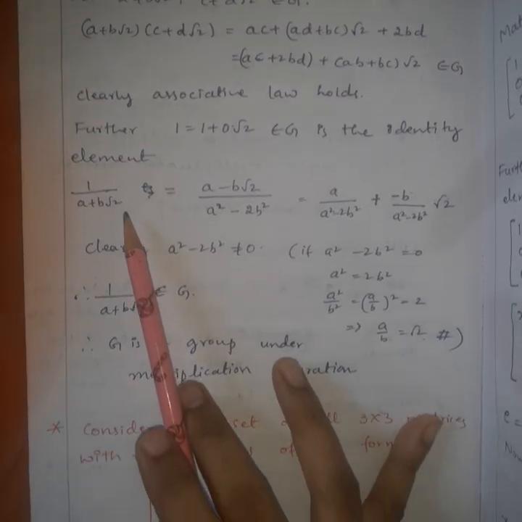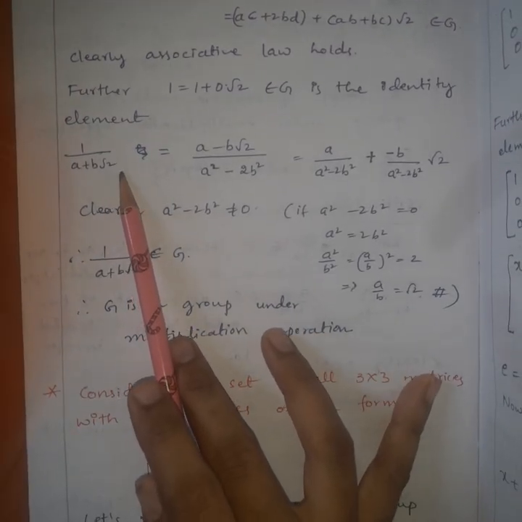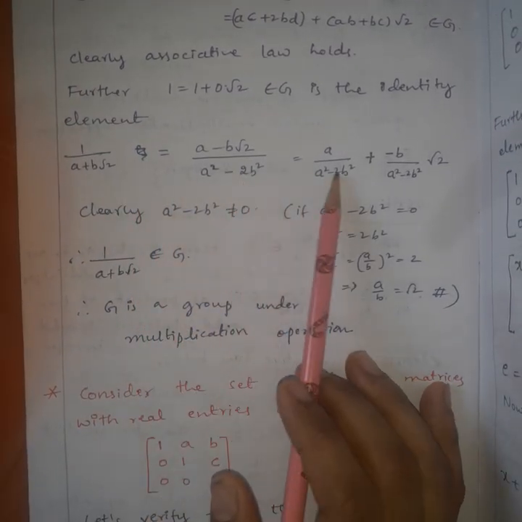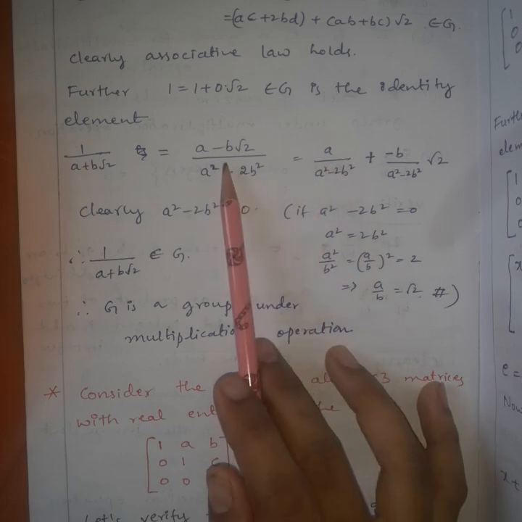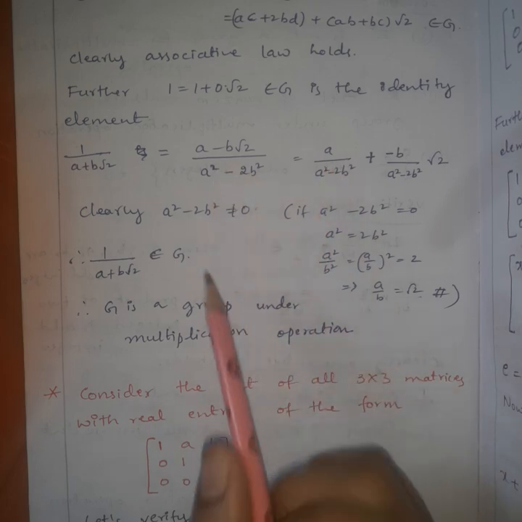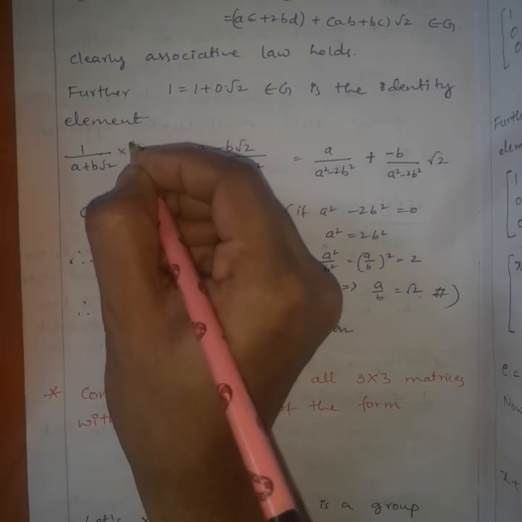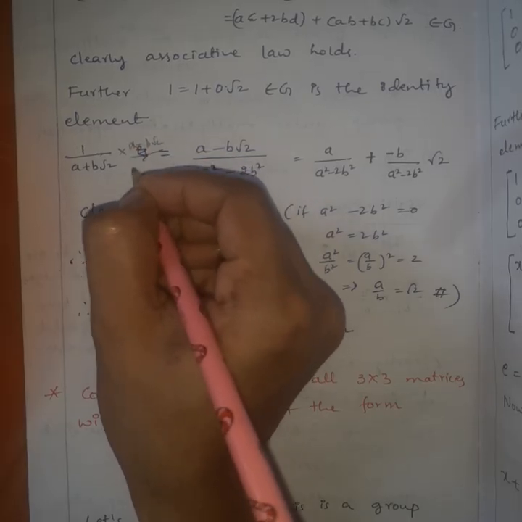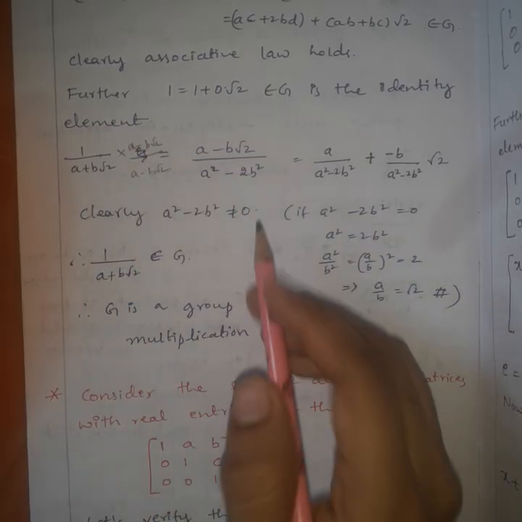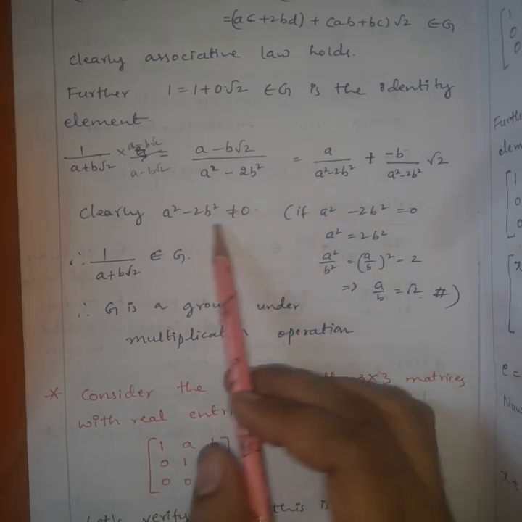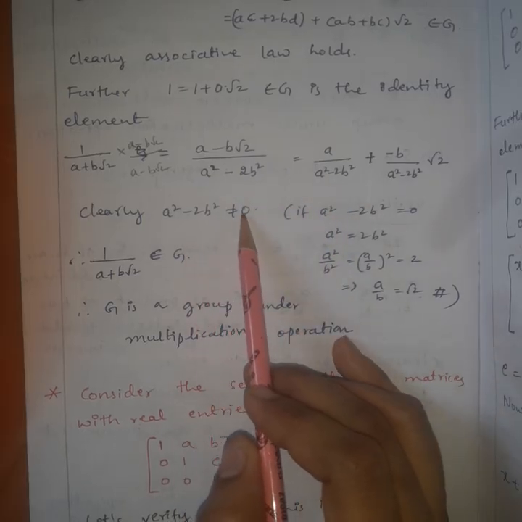Further, for the inverse 1 by a plus b root 2, rationalizing the term, I multiply by a minus b root 2 divided by a minus b root 2. Clearly a square minus 2b square is not equal to 0.